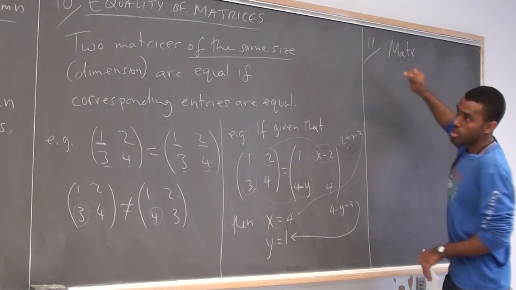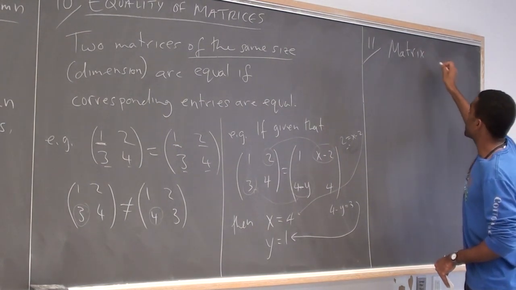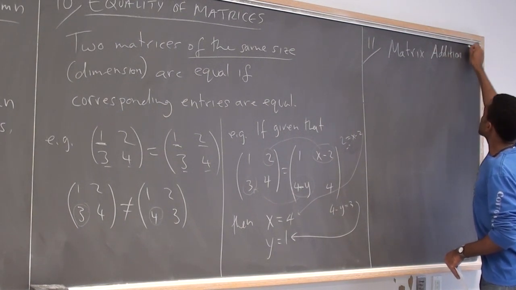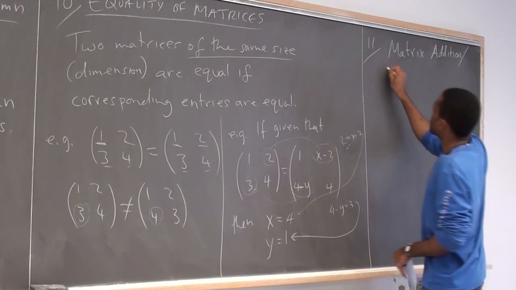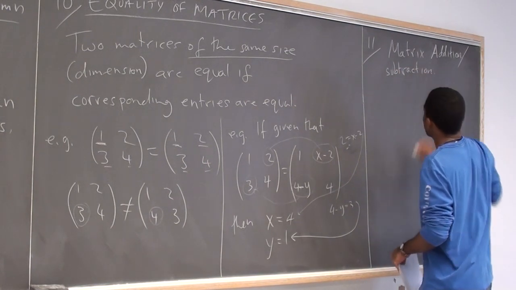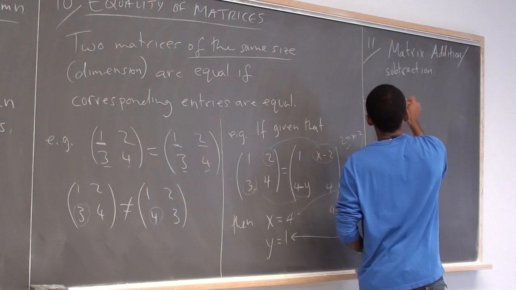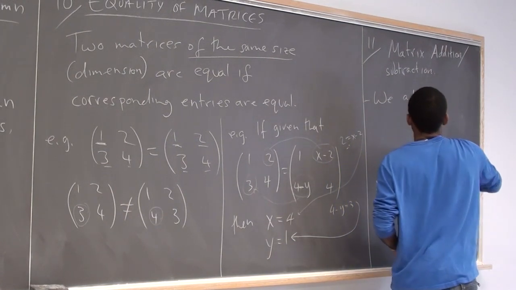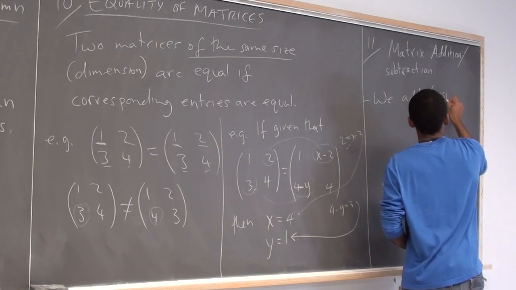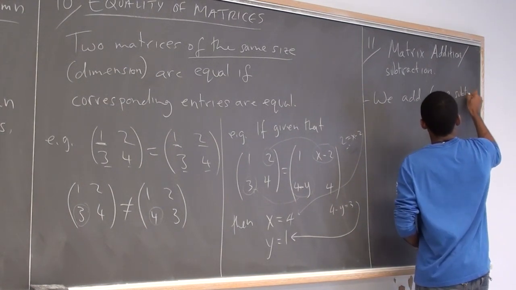Let's talk about definition 11. Here we're going to do an arithmetic operation, matrix addition and subtraction. You can add, respectively subtract.